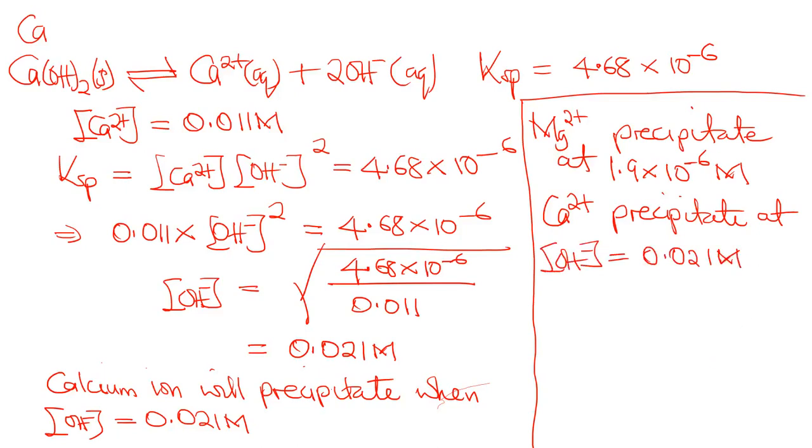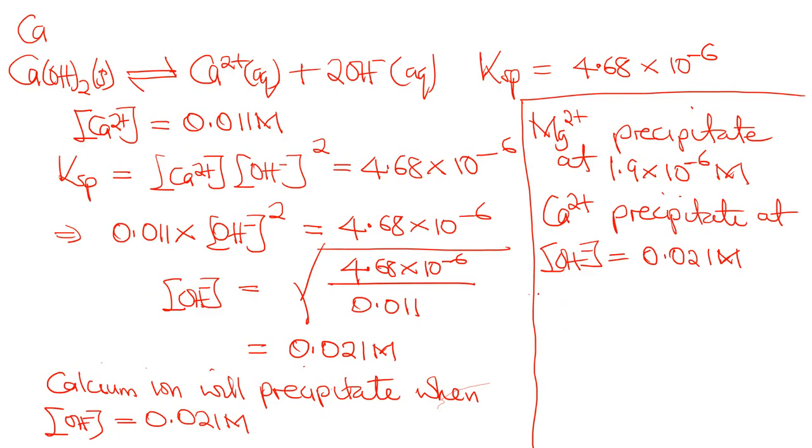What this means is, if you are using OH, the magnesium will need very little OH to precipitate compared to calcium, which needs a lot of OH.